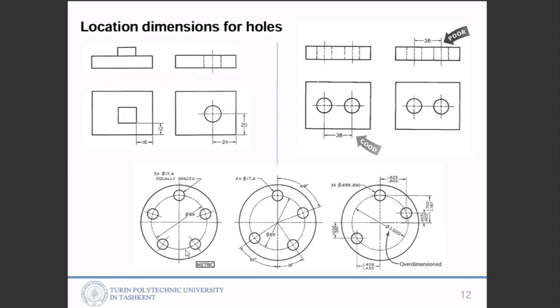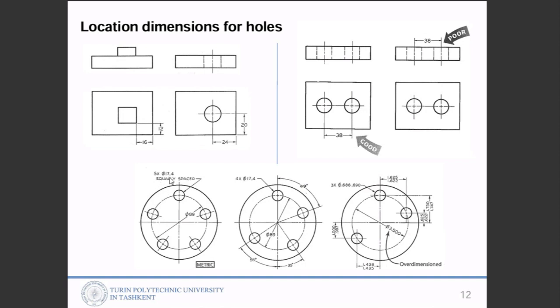What's given is the diameter of this circle, 89, and the diameter of the small circles, 17.4. So 5x is 5. Diameters are the same and equally spaced, meaning the lines going to the center to find the centers for the small circles.